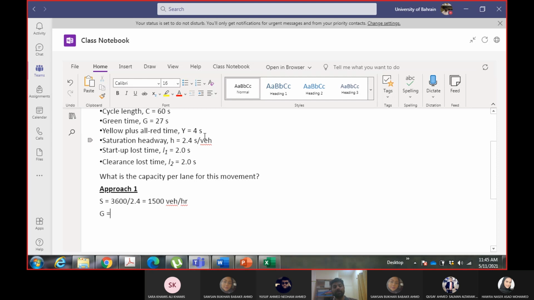Effective green is calculated as actual green time plus capital Y, which is yellow and all red, minus the lost time of the phase. Green time is given as 27 seconds, yellow plus all red is 4 seconds, and total lost time means L1 plus L2, which is 2 plus 2.